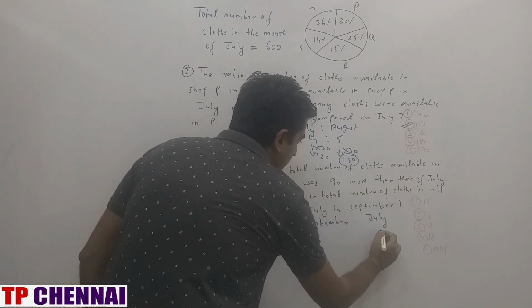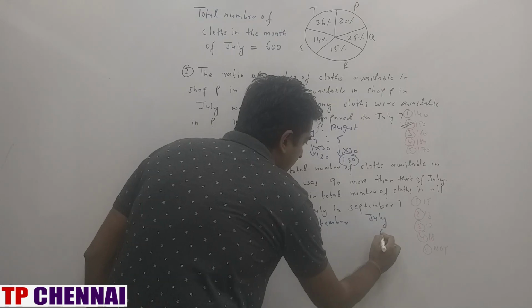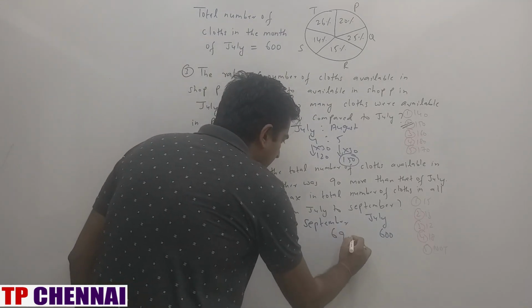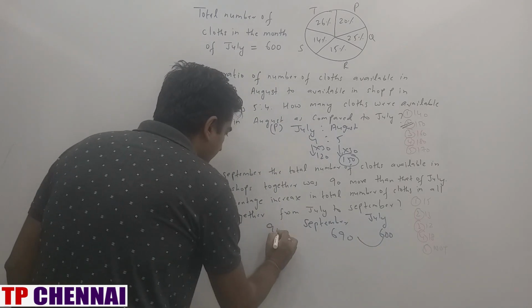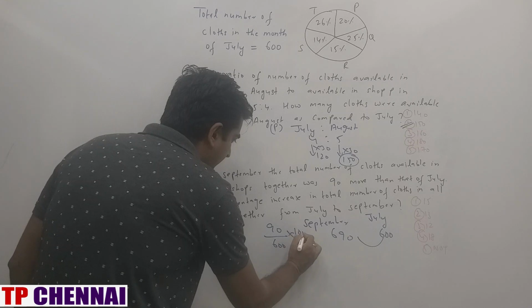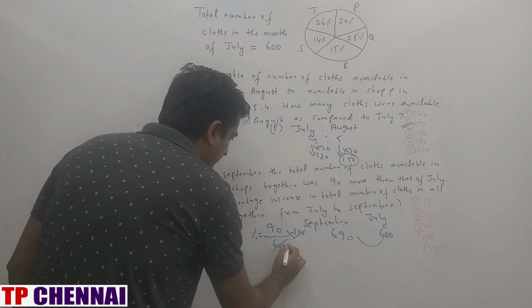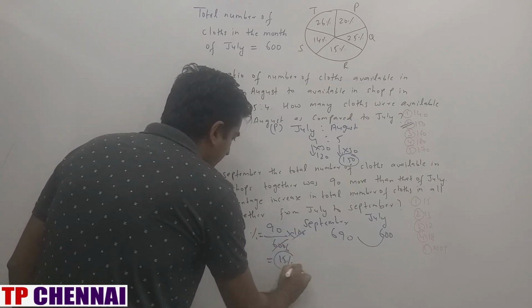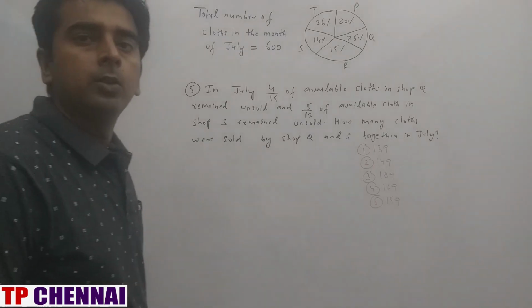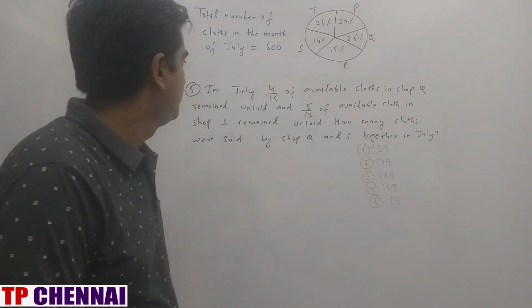July, what is the value? Total value 600, which they have given you. 90 more in September, 690. How much is it more? 90 from July. So 90 by 600 into 100. What is the answer? 15%, which is the first option. So I hope you are clear with the fourth question. Now we'll see the fifth one.